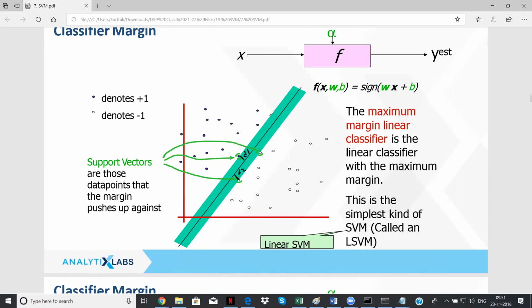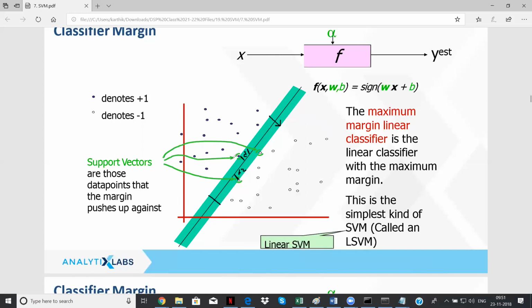So either I can take 2 times the distance of D1 or 2 times the distance D2, whichever is convenient. But nonetheless, this entire black line, the middle line, is supported by the data points, right? It is supported by the distance between the data points. So hence the name support vector machine.